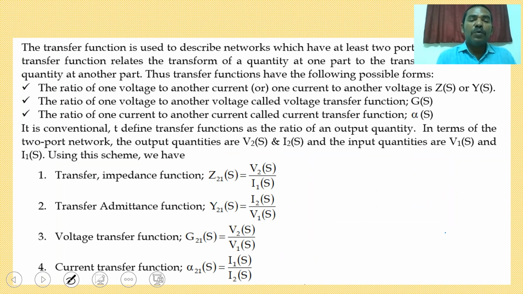So Z21 of S is equal to V2 of S by I1 of S. Similarly, the transfer admittance function Y21 of S is equal to I2 of S by V1 of S. Similarly, the voltage transfer function G21 of S is equal to V2 of S by V1 of S. Similarly, the current transfer function alpha 21 of S is equal to I2 of S by I1 of S. So this is I2, this is I1. So these are the transfer functions.